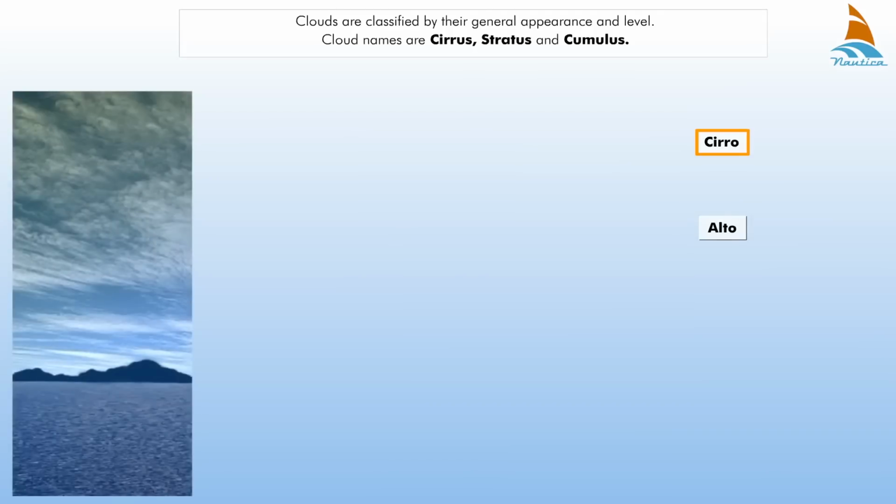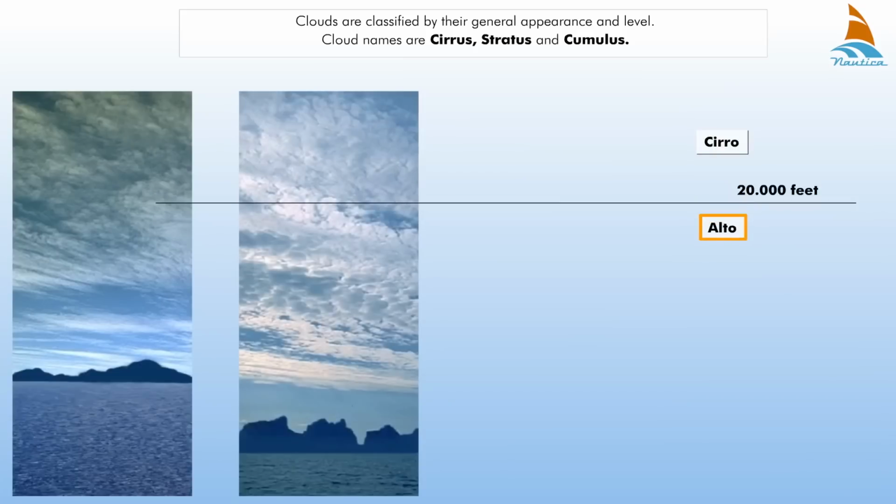Clouds are classified by their general appearance and level. Cloud names are cirrus, stratus, and cumulus. To indicate the level of a cloud, a prefix is given to the cloud name, like cirro and alto. Cirro indicates high clouds with bases above 20,000 feet. Alto indicates mid-level clouds between 7,000 and 20,000 feet.